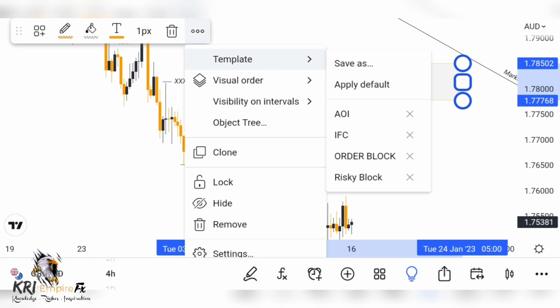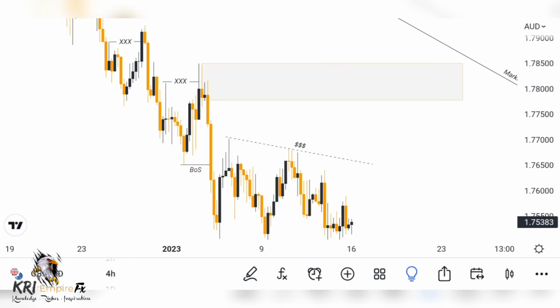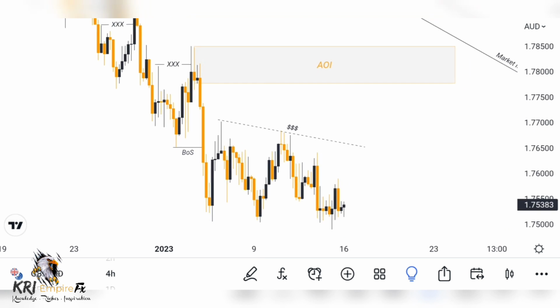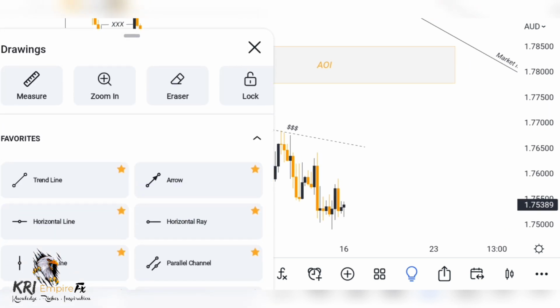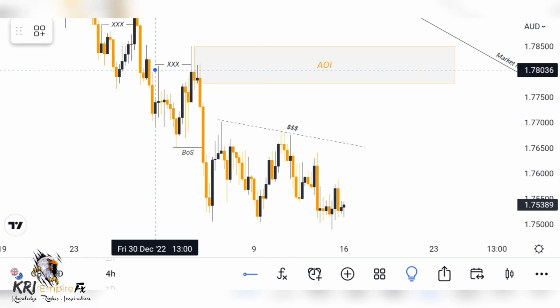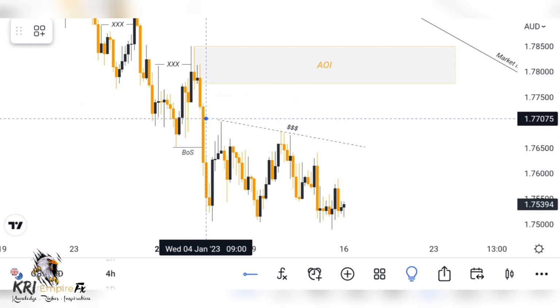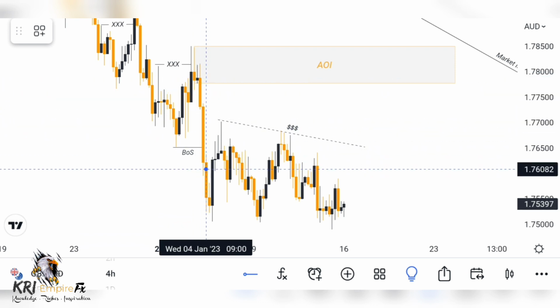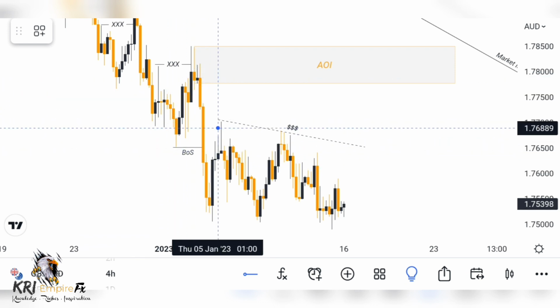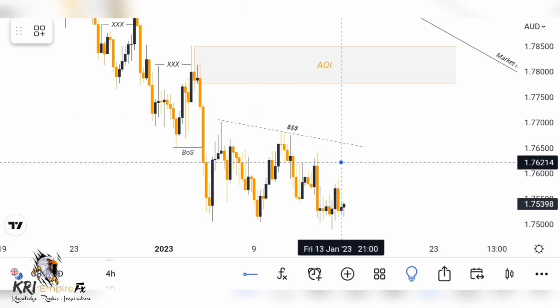You really need liquidity. So that's our area of interest, or our high probability zone, because price was taken out over here, liquidity was taken out. We have a very aggressive move, and we also broke structure, and we have liquidity.